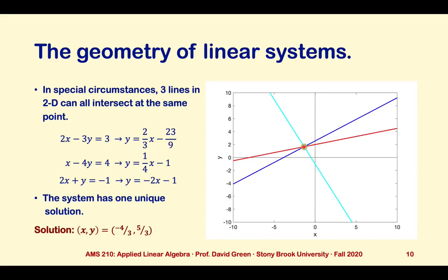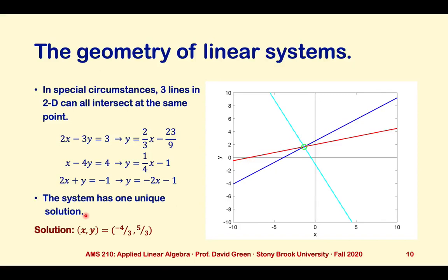I've constructed a system here where we intersect at exactly one point. Doing that gave me a weird number for the intercept because I had to get things absolutely perfect to have them lie on top of each other, but it works. Once we have this system, we have three different lines that happen to intersect at a single point. This system, again, has a single intersection.